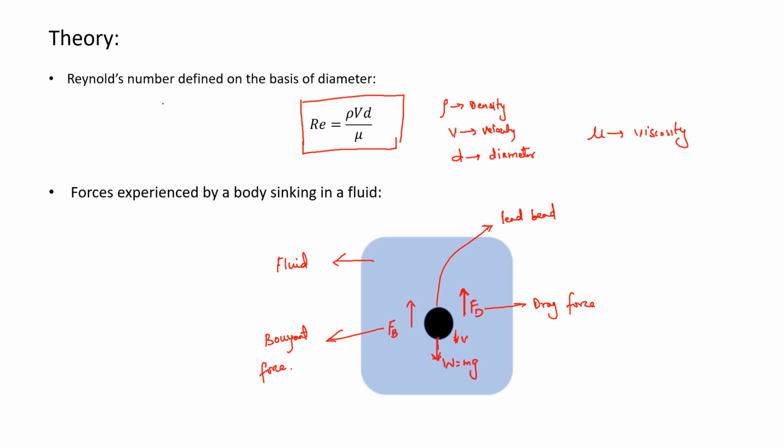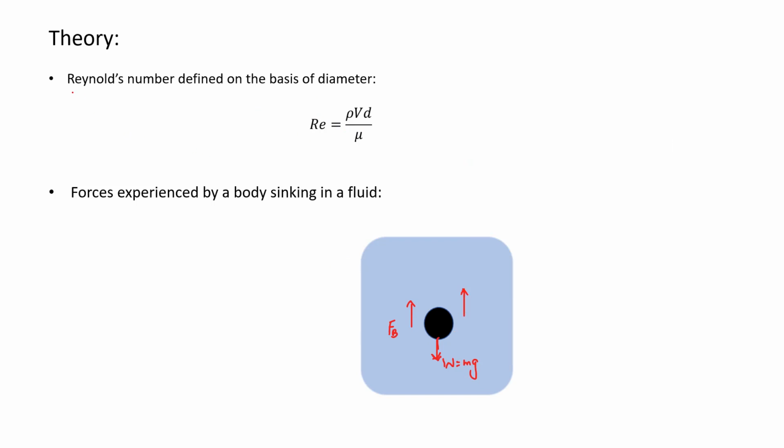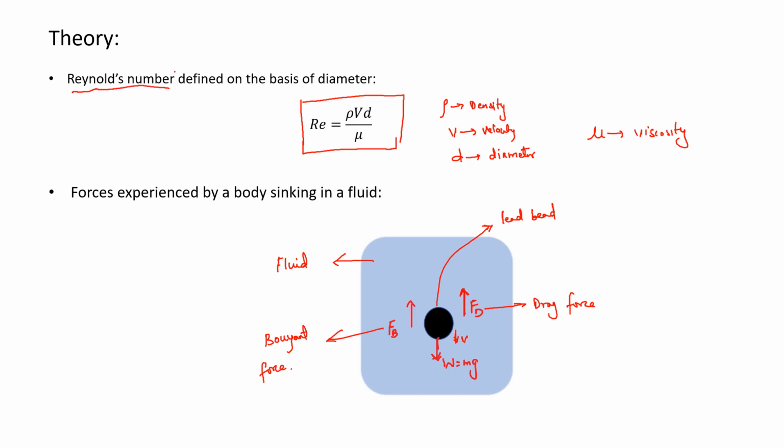So we have discussed this Reynolds number defined on the basis of diameter is rho V d over mu. This Reynolds number is a very important non-dimensional number in fluid mechanics, which in general gives you the characteristic of the flow. You can have laminar flow or turbulent flow, and you can characterize that based on the value of the Reynolds number. But here that is not necessary for us.